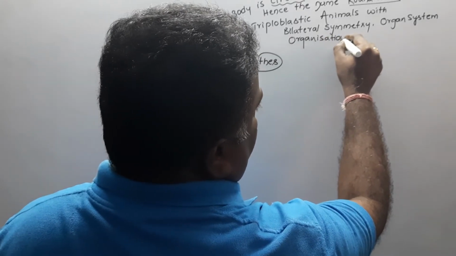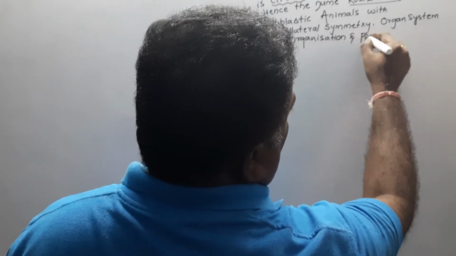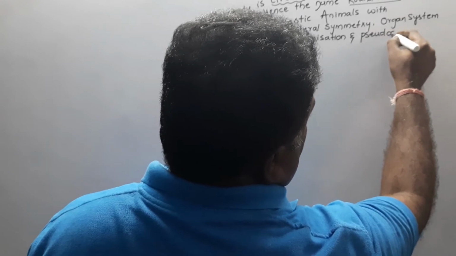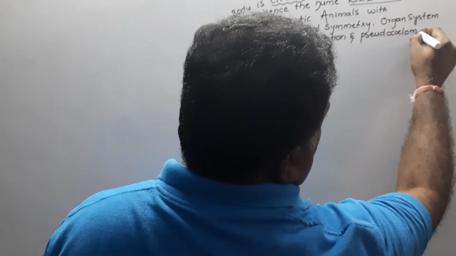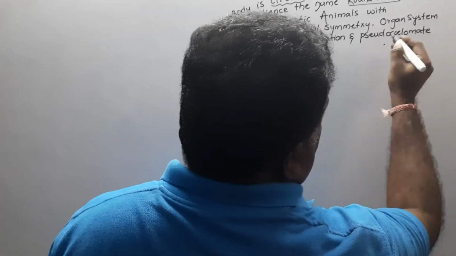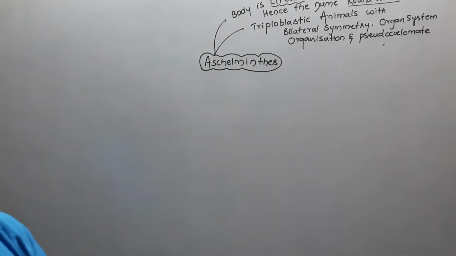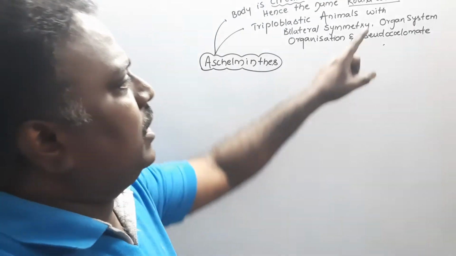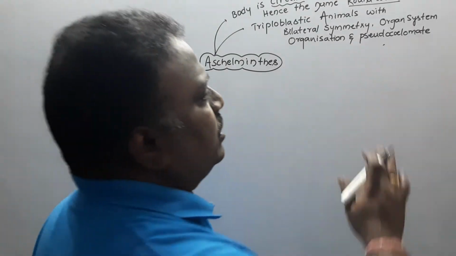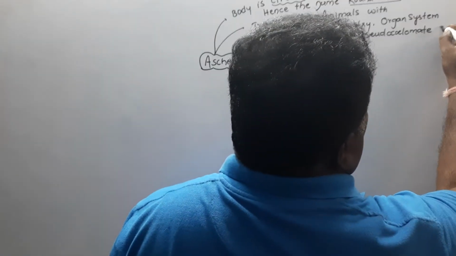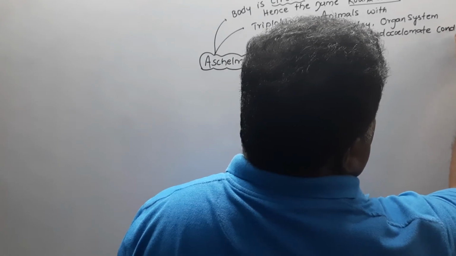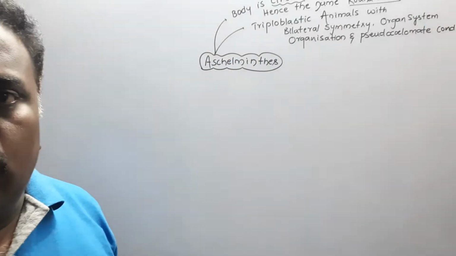And these are specially called pseudo-coelomate animals. So these are triploblastic animals showing bilateral symmetry, organ system grade organization, and pseudo-coelomate condition.